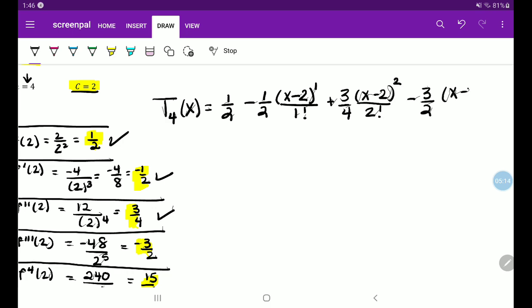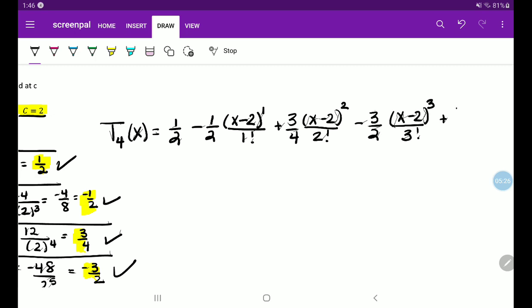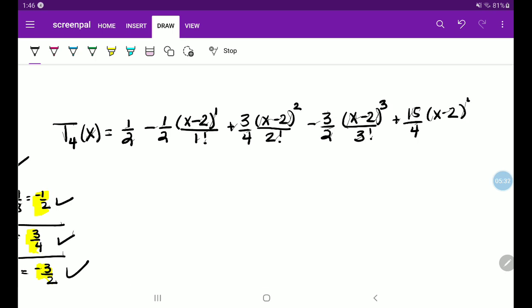We'll still have our x minus 2, but now we're onto the third derivative, so it's cubed and a 3 factorial. And the last one is 15 over 4. So plus 15 over 4, x minus 2, I'm onto my fourth derivative, and 4 factorial. All right, so there's my initial setup.